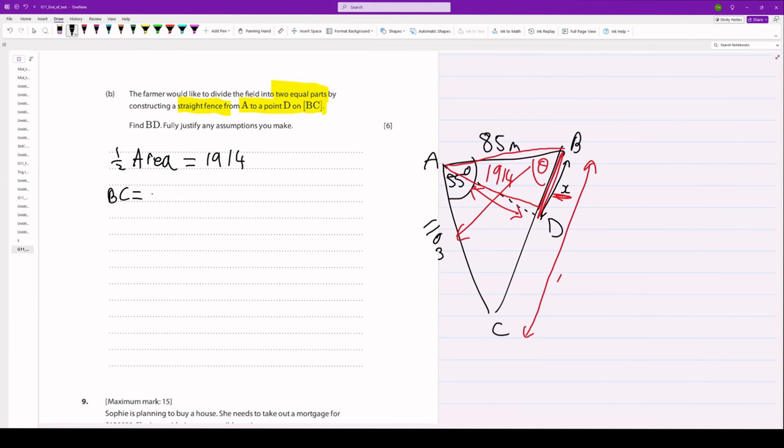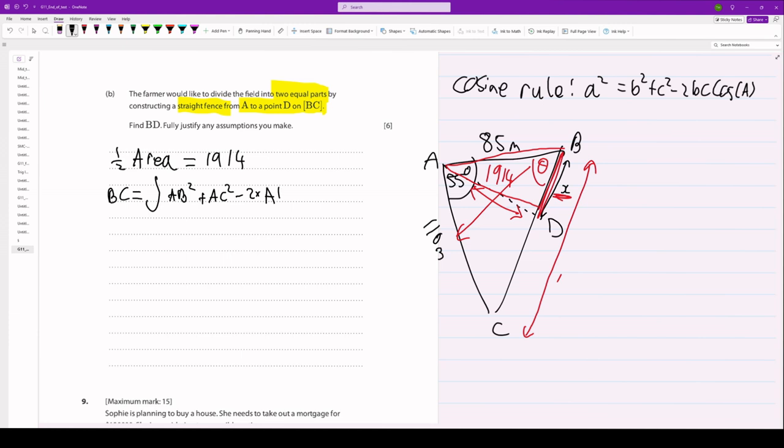Well, BC, I'm going to use the cosine rule that you can grab from your formula sheet. So a squared equals b squared plus c squared minus 2bc cos a. So BC is equal to the square root of AB squared plus AC squared minus 2 times AB times AC times cos of 55.